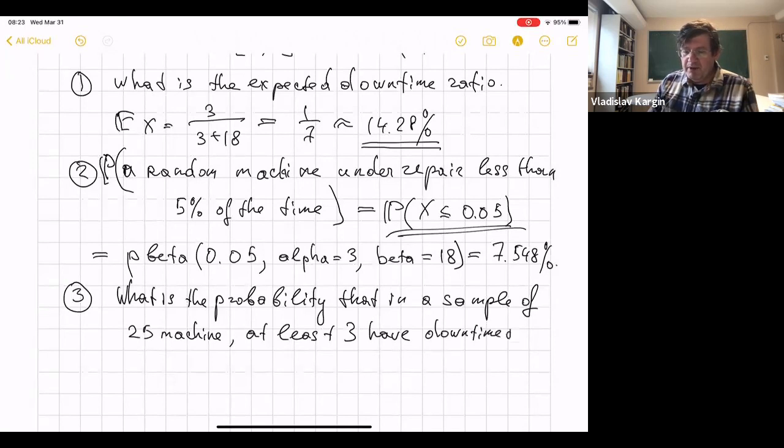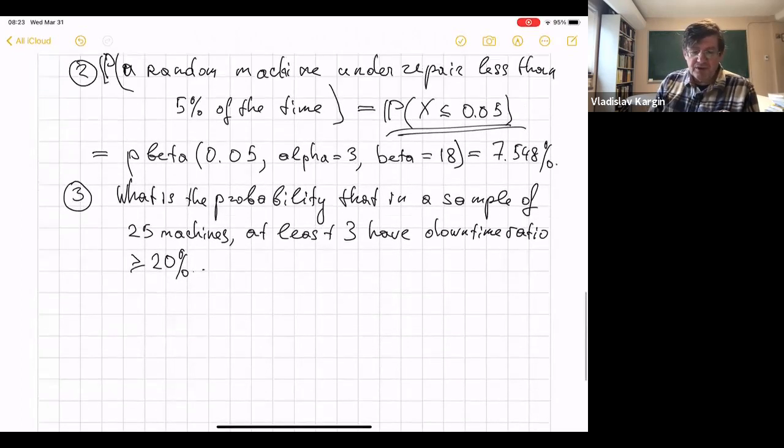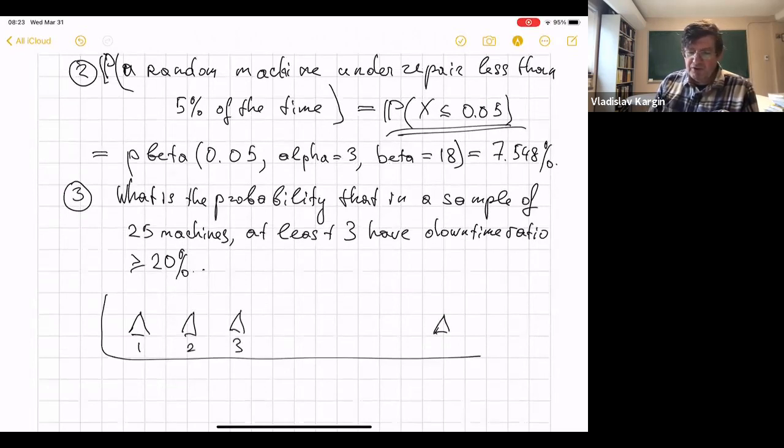Downtime ratio, maybe not rate, ratio is used here, greater than 20%. And so we have a sample of machines: machine 1, machine 2, machine 3, up to machine 25.